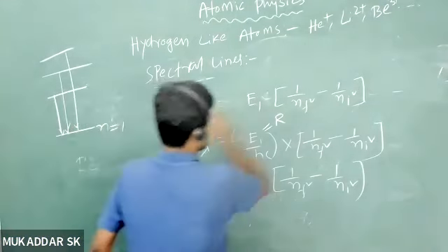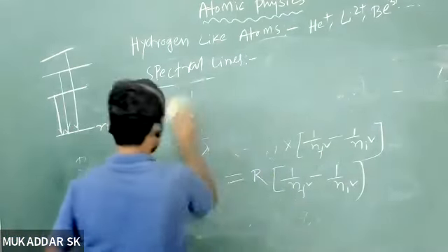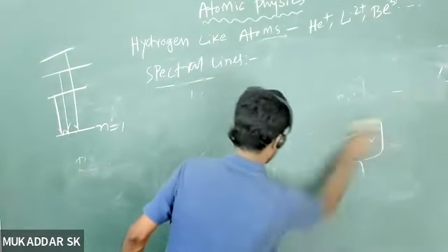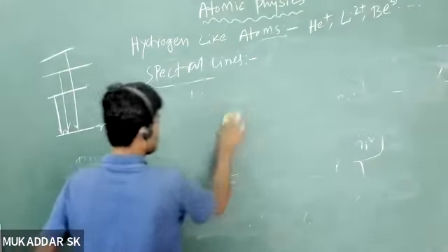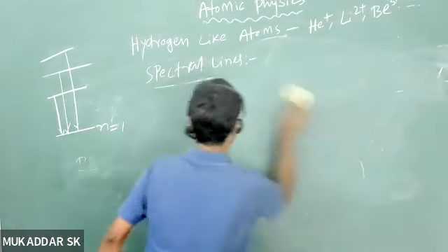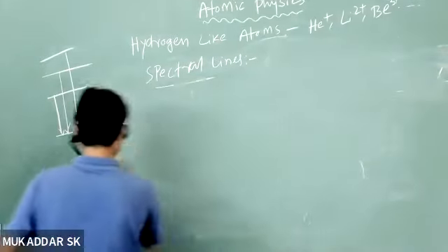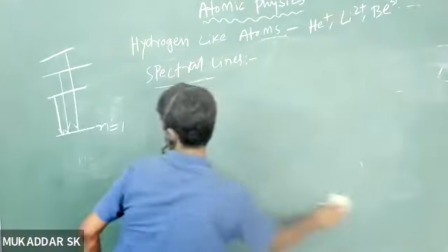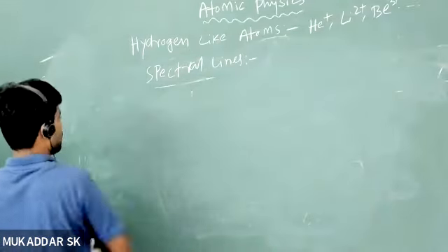Okay. Now, if you got that expression for 1 by lambda for hydrogen atom, it is basically R times 1 by NF square minus 1 by Ni square. Now what will happen to Lyman series? So what will happen to Lyman series?